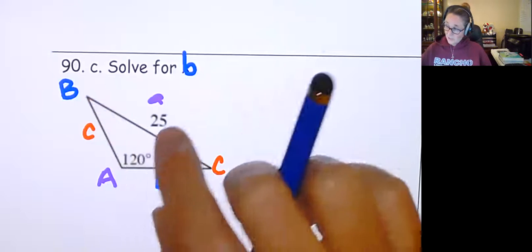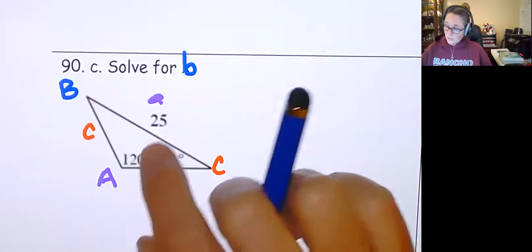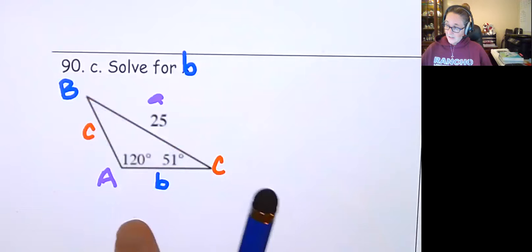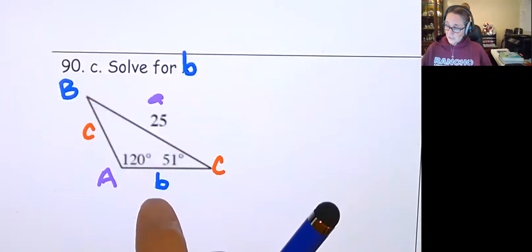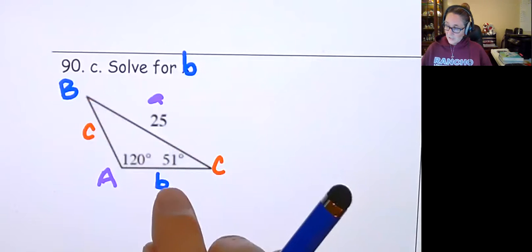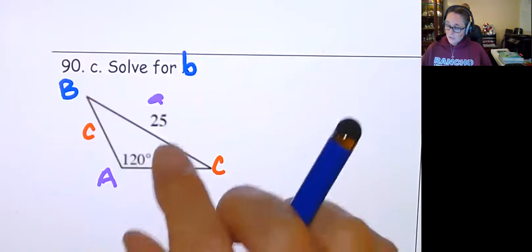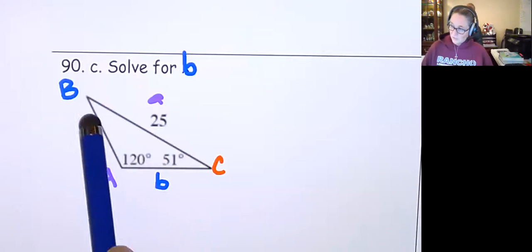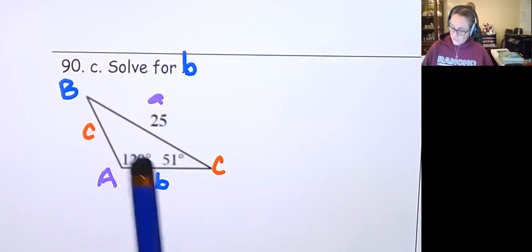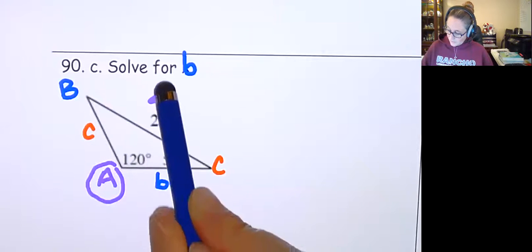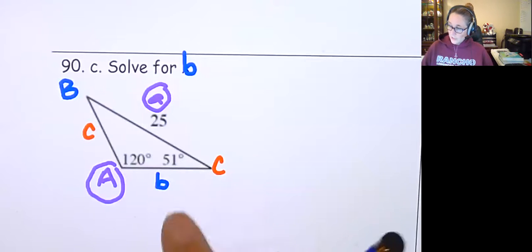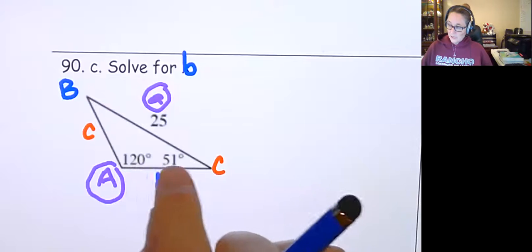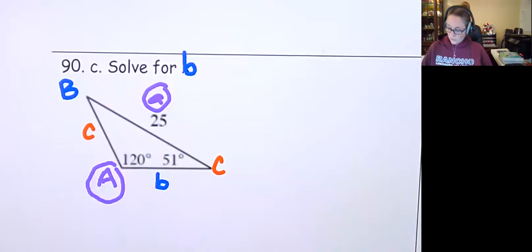Now I know a pair, so if you know a pair and we're trying to find the side, you're probably going to use law of sines. And you might say, well, that's great, but I don't have this side and I don't have the angle opposite it. But if I have these two angles, I can always find the third.